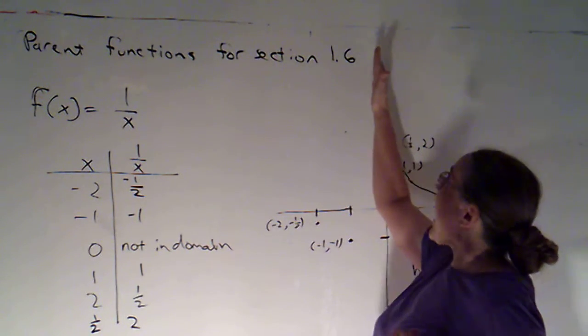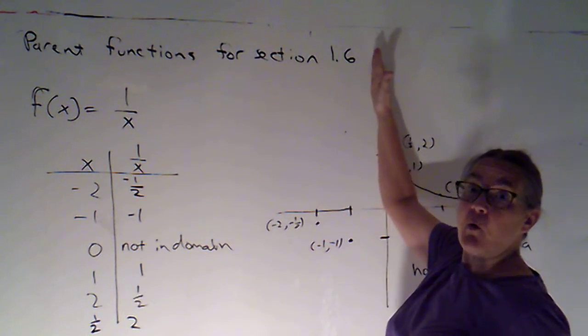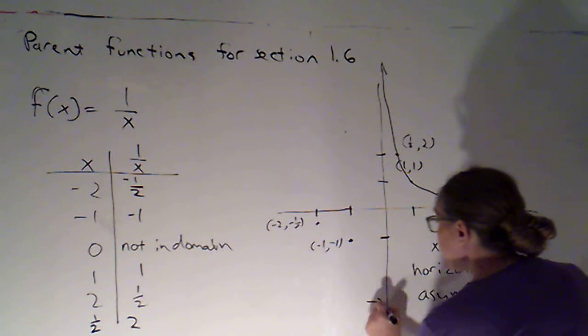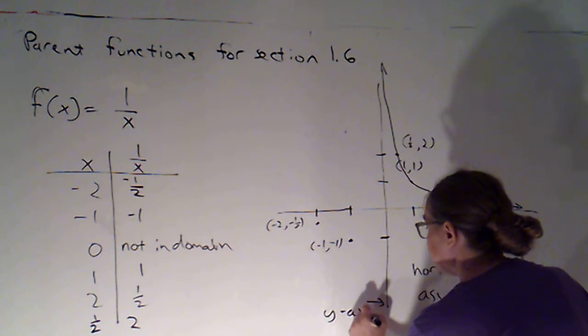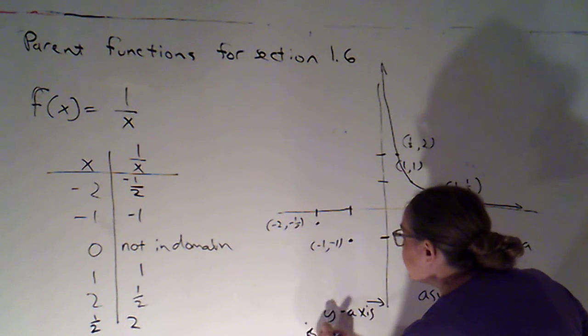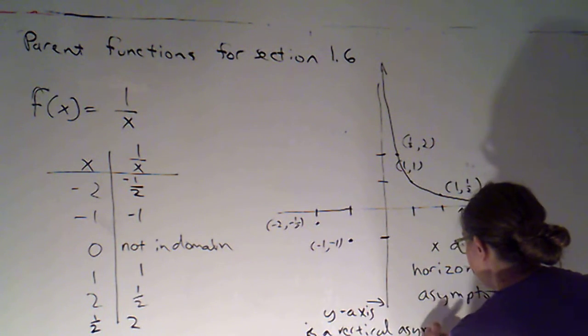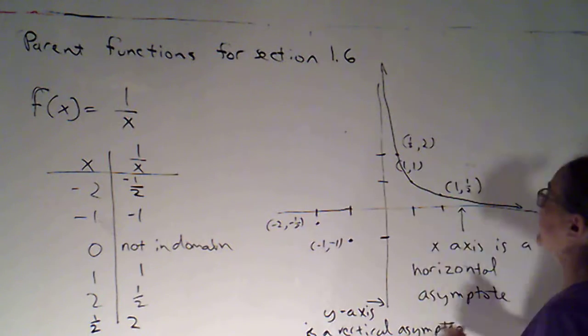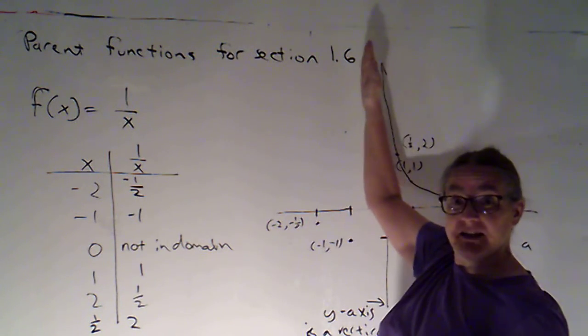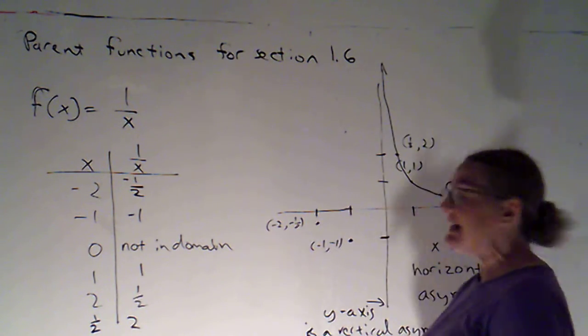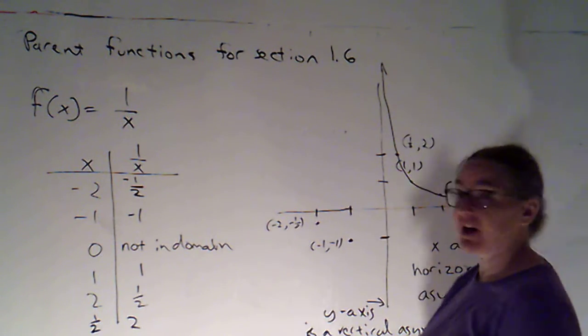But we never actually touch the y-axis here. So the y-axis is a vertical asymptote. So we get arbitrarily close to that vertical line, but we never actually are going to cross that.